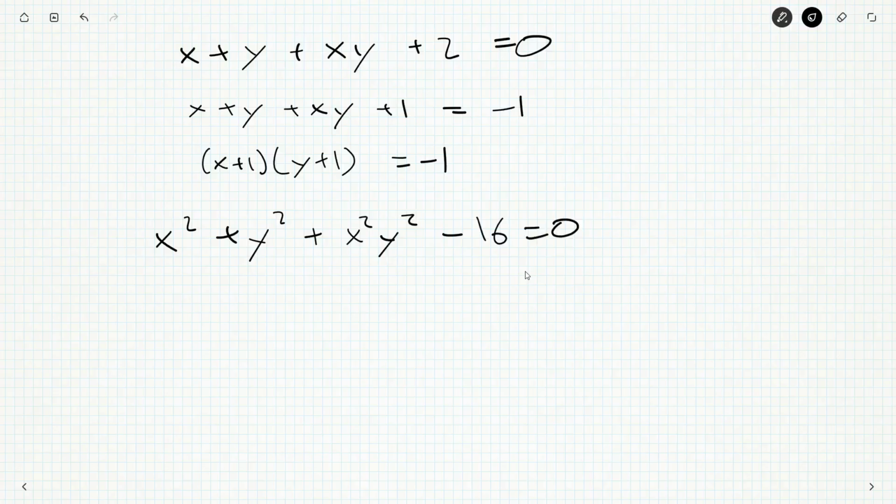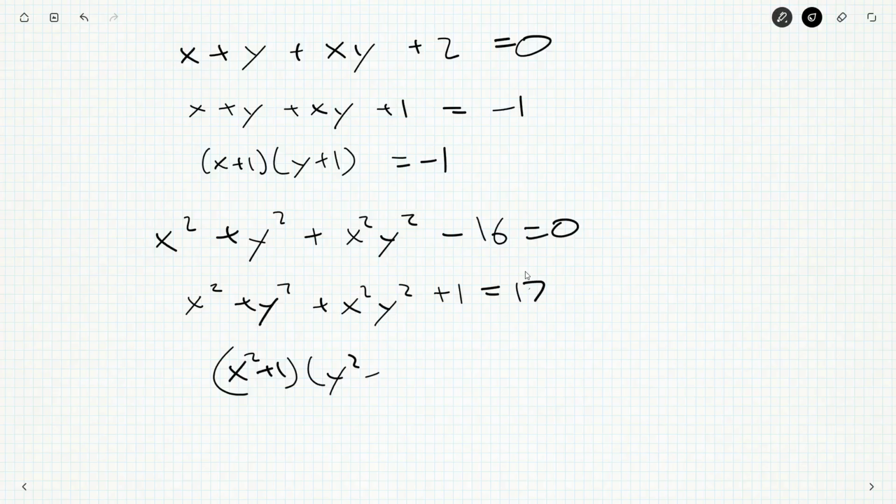I can put a plus 1 here, and it'll be minus 17. So I'll bring the 17 over to the other side, and I will have x squared plus y squared plus x squared y squared. So that'll be x squared plus 1, y squared plus 1 is equal to 17.